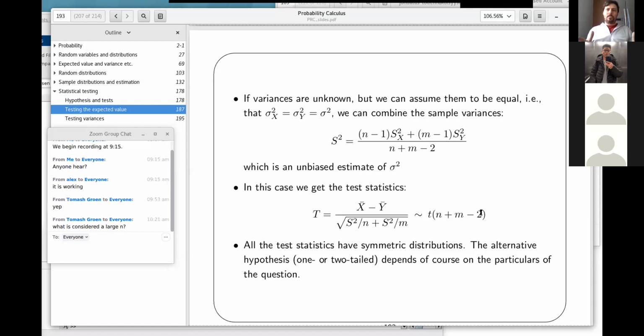If it's a uniform distribution or something like this, then a usual rule of thumb is to assume that n is above 30. I think I've seen 32, for some reason, considered large by many people. Over 30 as a sample size for distributions that are flat or have this bump but have some limits to them.